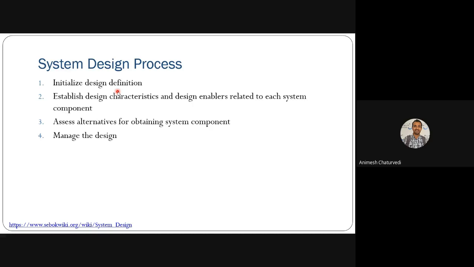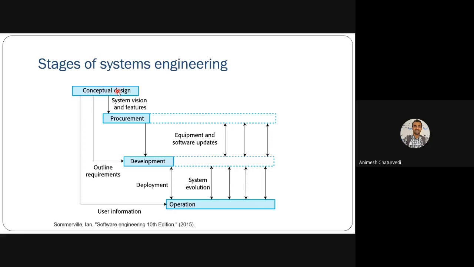Then you need to establish the design characteristics and design enablers that we saw in the previous slide, that is, the related components of the system that relate to some characteristics and enablers. Then in the third part, assessing alternatives for obtaining components, how you want to obtain them, and how you evaluate that component, what metrics are required to evaluate it. Then how to manage that system design in the future. All these things are part of this process.